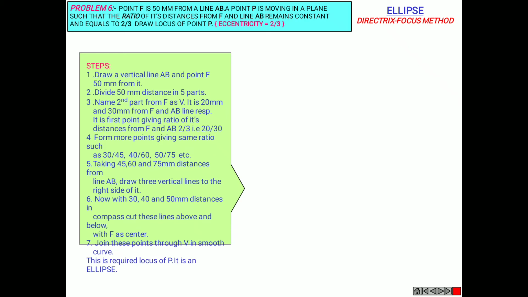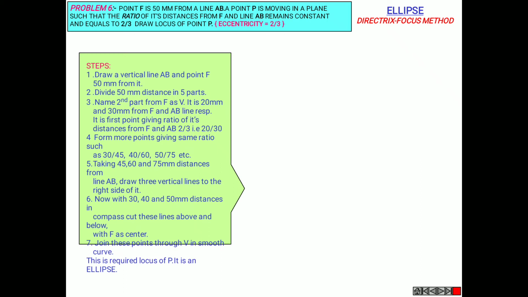It is first point giving ratio of its distance from F and AB. It's 2 by 3 and therefore 20 by 30 mm. So fourth step, form more points giving same ratio such as 30, 45, 40, 60, 50, 75, etc.